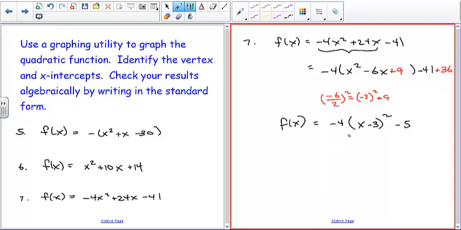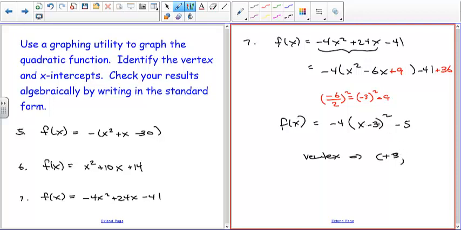So you've got the vertex has the coordinates positive 3, negative 5.